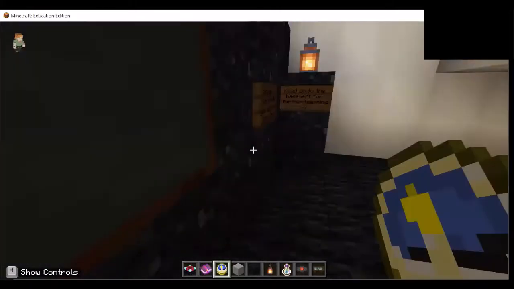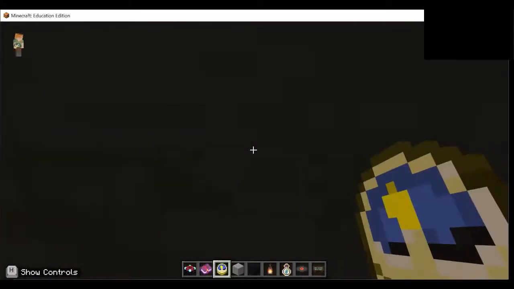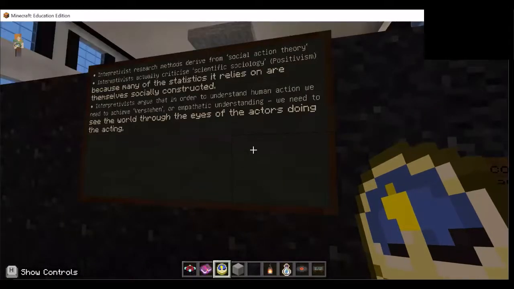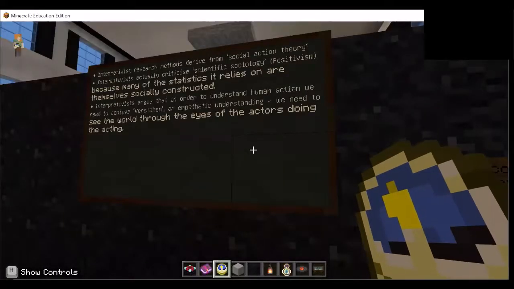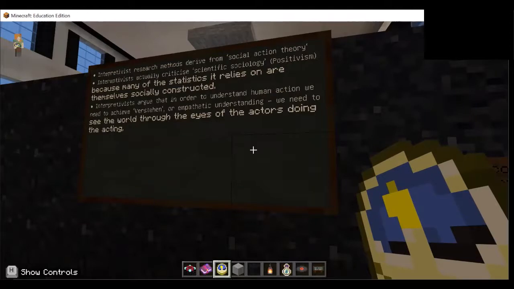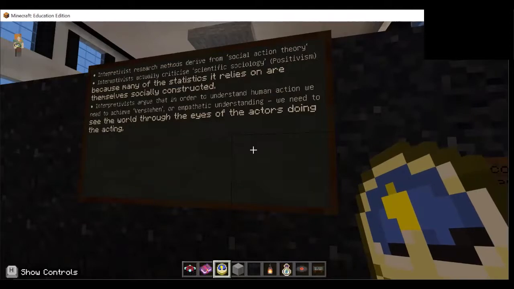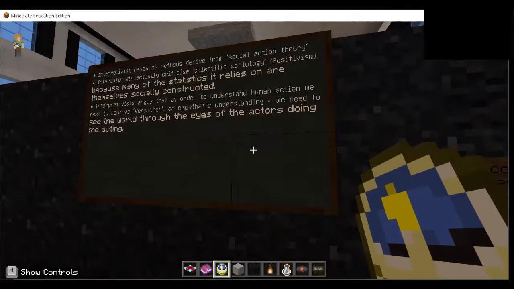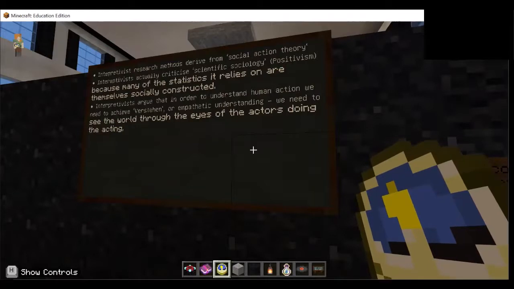Okay. There's another poster here that continues to teach us more. Interpretivist research methods derived from social action theory. Interpretivists actually criticize scientific sociology or positivism because many of the statistics it relies on are themselves socially constructed. So the argument here is that even the statistics used by positivists are socially constructed, so they would require an interpretivist approach.